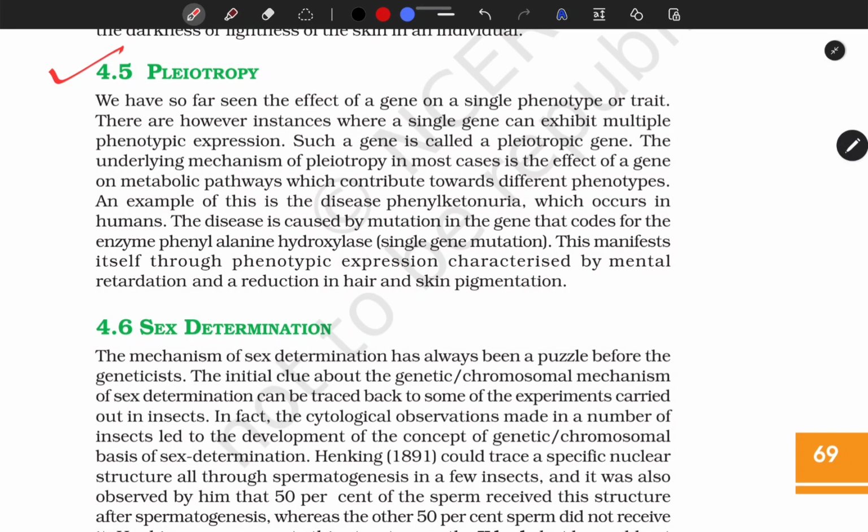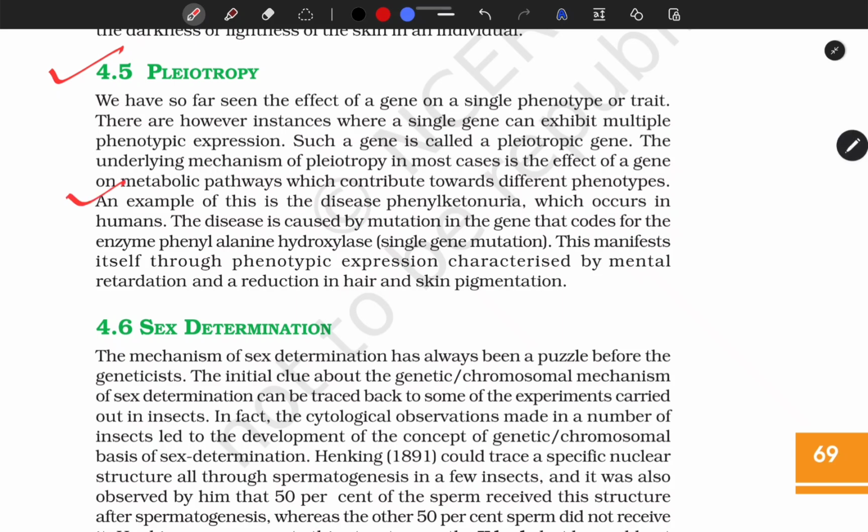4.5 Pleiotropy. We have so far seen the effect of a gene on a single phenotype or trait. There are, however, instances where a single gene can exhibit multiple phenotypic expressions. Such a gene is called a pleiotropic gene. The underlying mechanism of pleiotropy in most cases is the effect of the gene on a metabolic pathway which contributes towards different phenotypes.